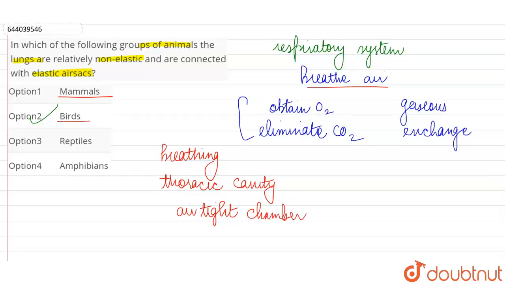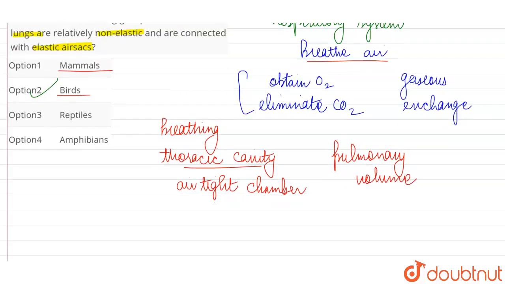So if there is any change in the volume of the thoracic cavity, the volume of the lungs, that is the pulmonary volume, is also going to change. Because of changes in volume, a pressure difference is created, because of which we are able to breathe in the atmospheric air by inspiration and then expel the spent air by expiration.